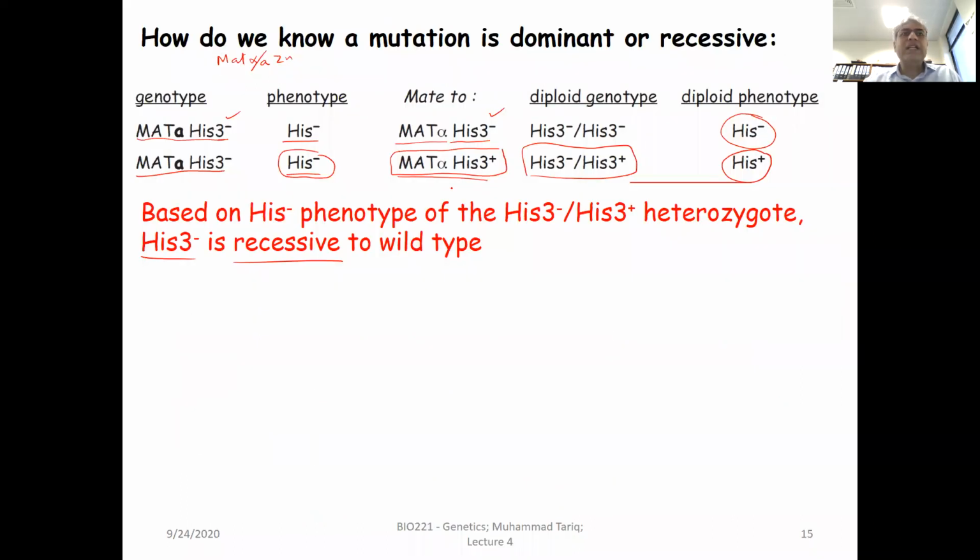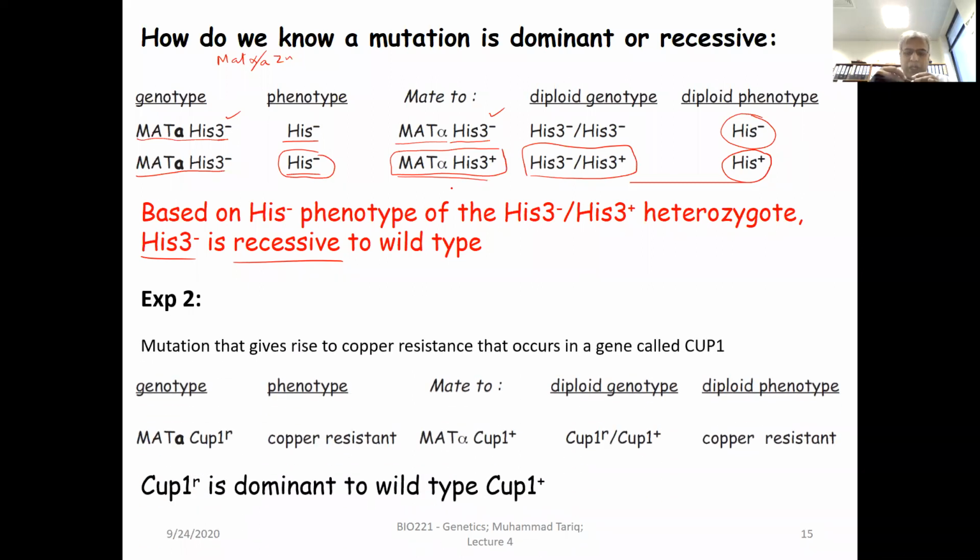Okay. Now let's say one of your colleagues went to another lab and they did a screen using yeast to discover heavy metal resistance or copper resistance. And here, if you pay attention, their mutational assay will be different.